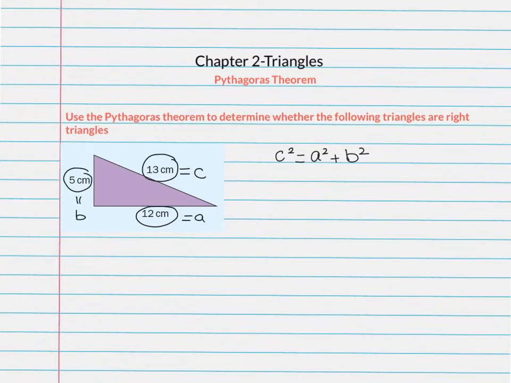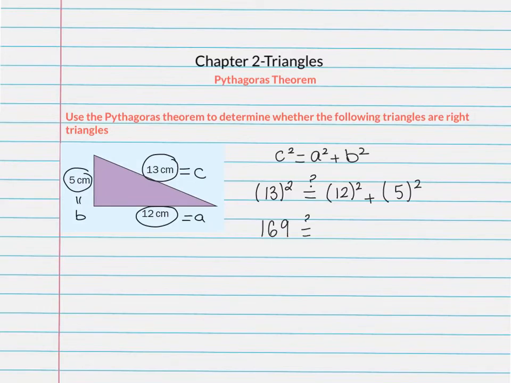We come over here to the Pythagoras theorem and we say that c to the power of 2, this means 13 to the power of 2, is it equal, because I'm testing it, to a to the power of 2, 12 to the power of 2, plus 5 to the power of 2. We check. 13 to the power of 2 using your calculator would be 169.